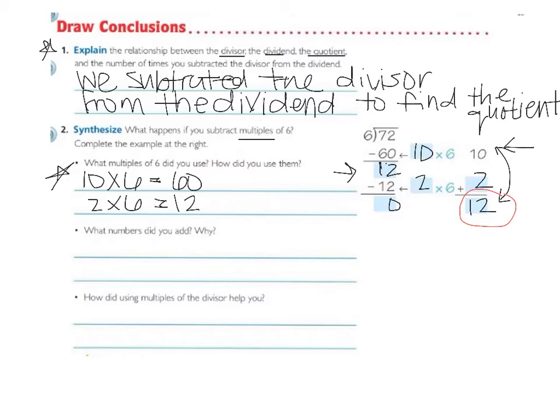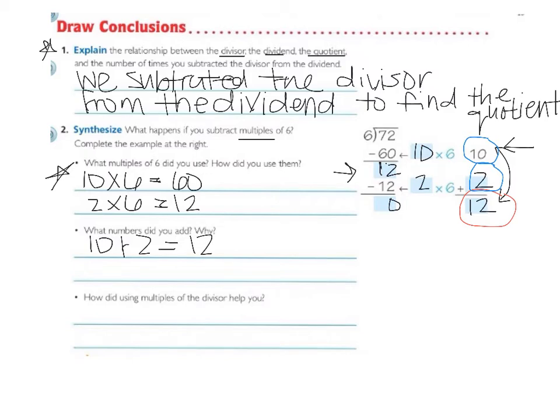And then it says, what numbers did you add? Well, we added these 2 numbers over here. I'll circle them in blue. We added 10 because we took out 10 groups of 6. And then we added 2 because we took out 2 groups of 6. So we added 10 plus 2 equals 12.